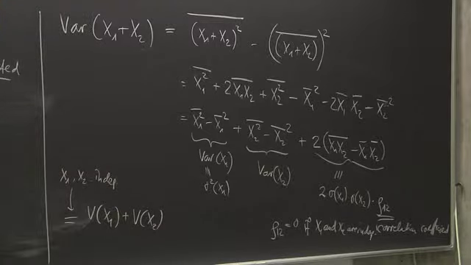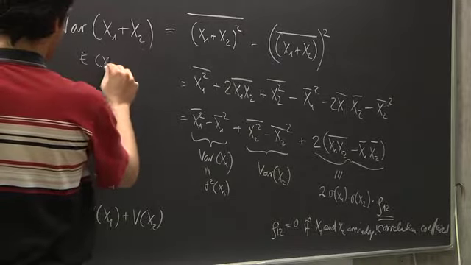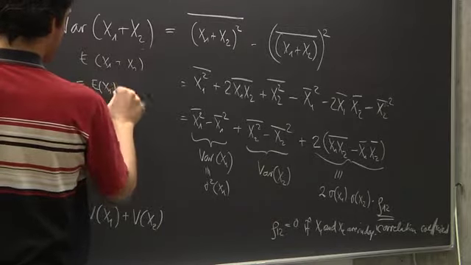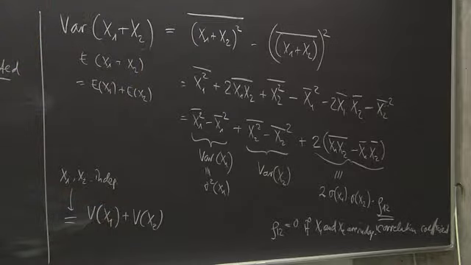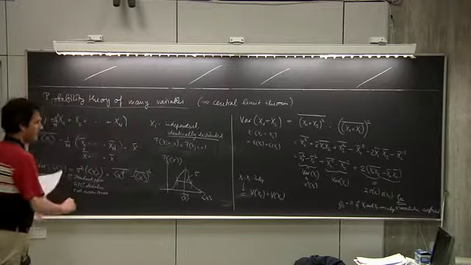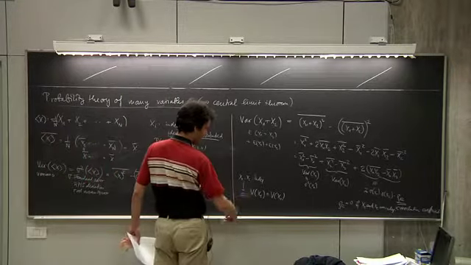Whereas for expectation values, this holds even when the variables are dependent. For the variances, this is not true. Good. Now it's an easy step to go from this result by induction.